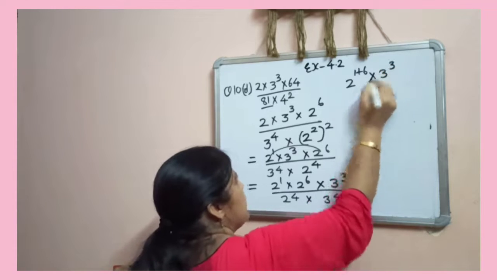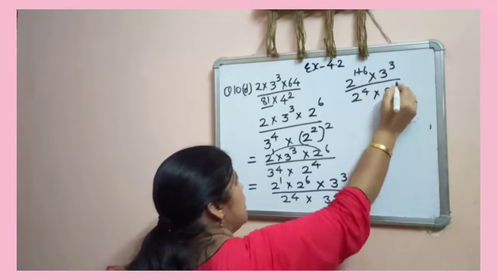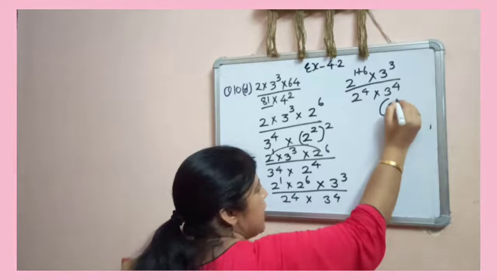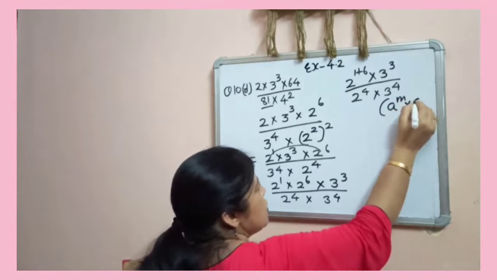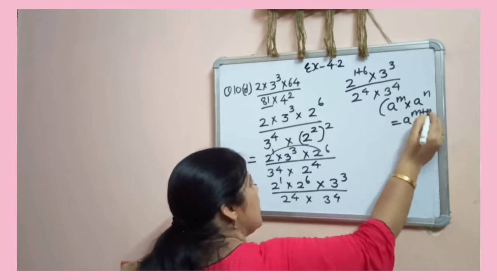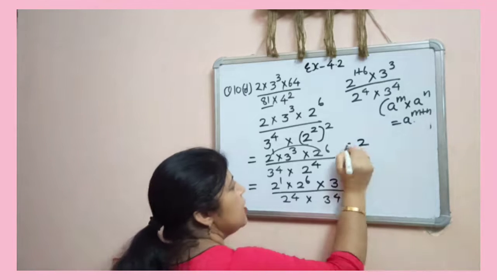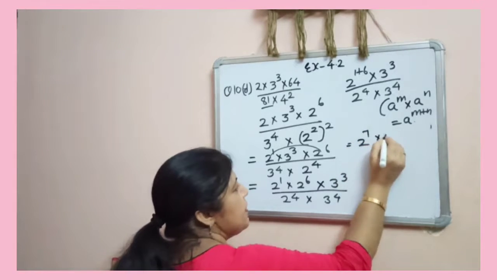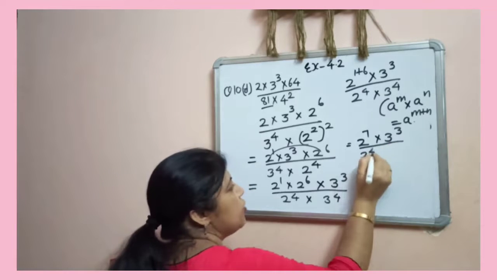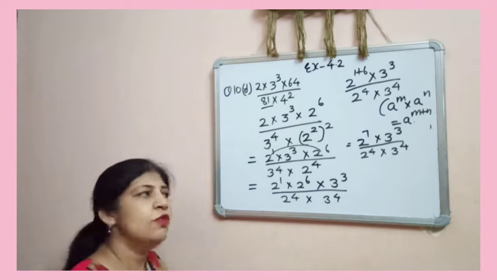Side by side you have to write the law as well: a raised to the power m into a raised to the power n is equal to a raised to the power m plus n. So it will be 2 raised to the power 7 into 3 raised to the power 3, divided by 2 raised to the power 4 into 3 raised to the power 4.